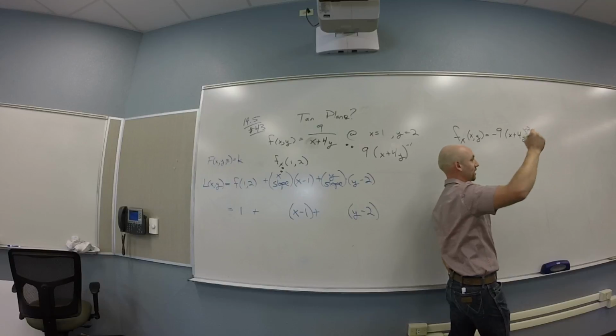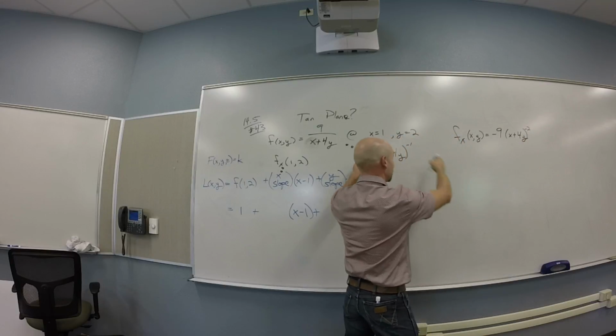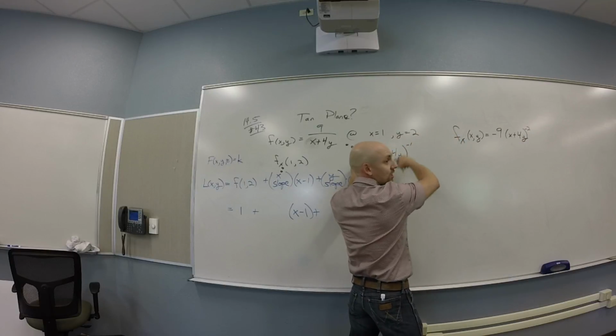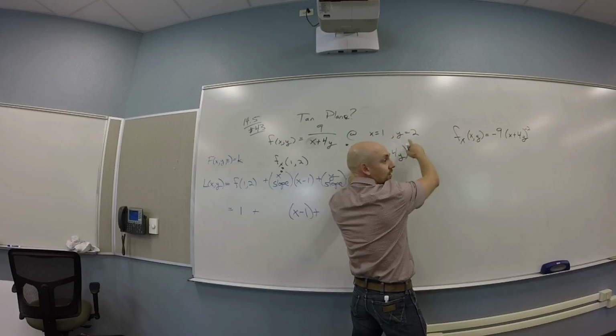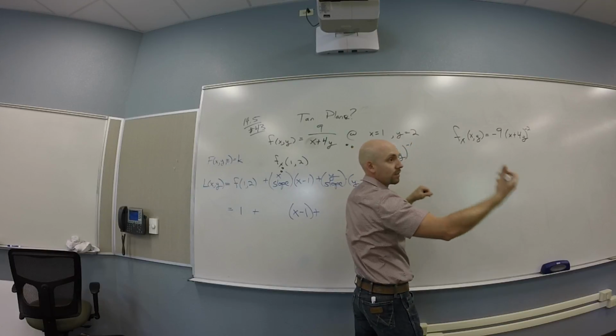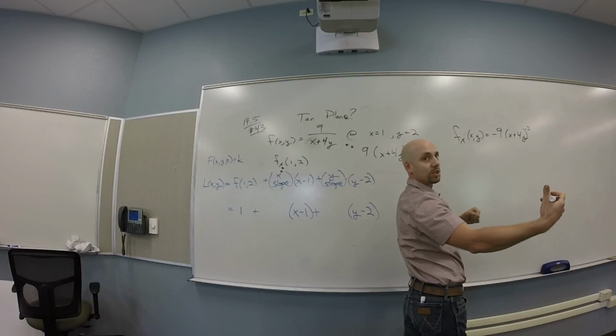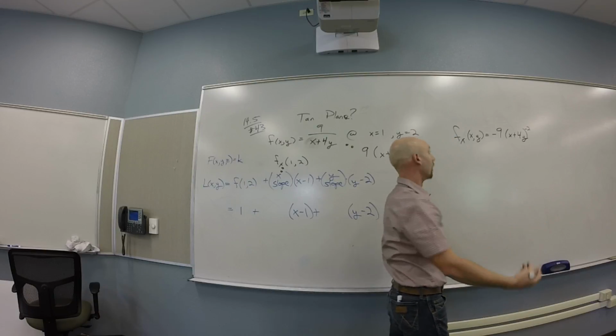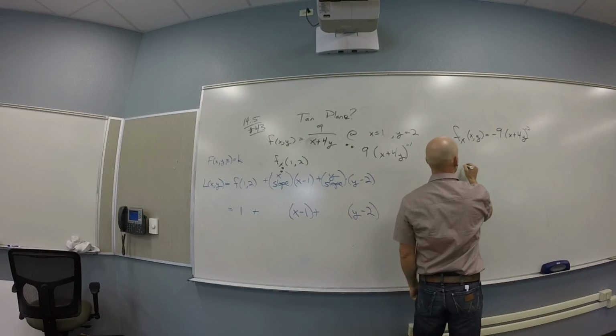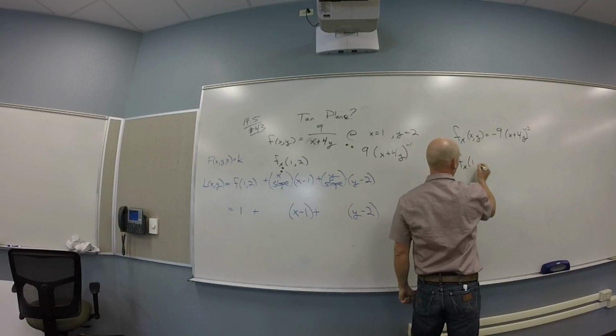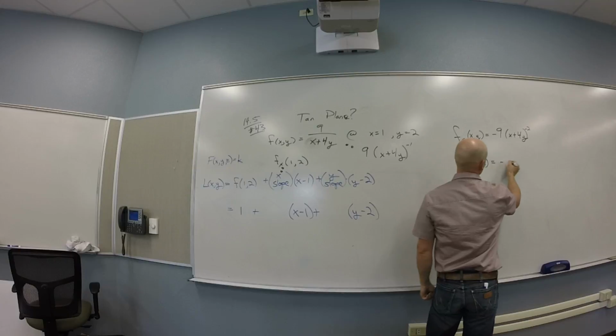Right, this is leave the constant, drop the power, the stuff to the one lower power, times the derivative of the stuff inside, which in this case is 1.